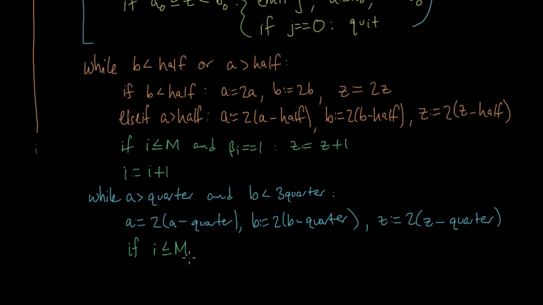So if I is less than m, exactly the same as what we did above, and beta is 1, then add 1 to z, and increment. We're always going to increment I. So I is going to keep track of how many times we've left shifted z.